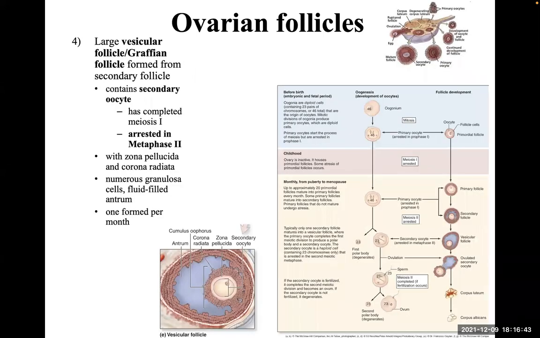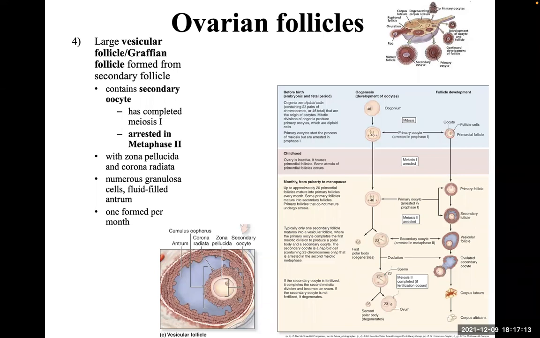And then the most mature stage for a follicle is what we call the Graafian or the vesicular follicle. The Graafian follicle has a very large antrum. The antrum is so big, in fact, that it pushes the oocyte to the periphery, which is really important because when this follicle erupts, the oocyte can be ejected into that space between the fimbriae and the ovary itself.